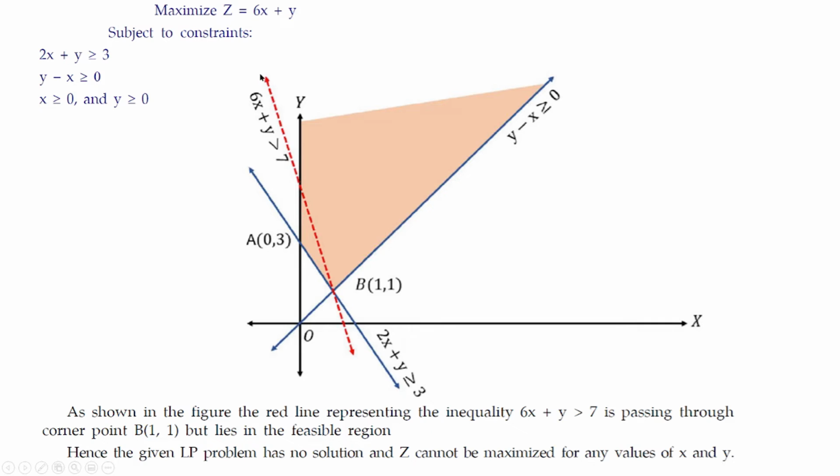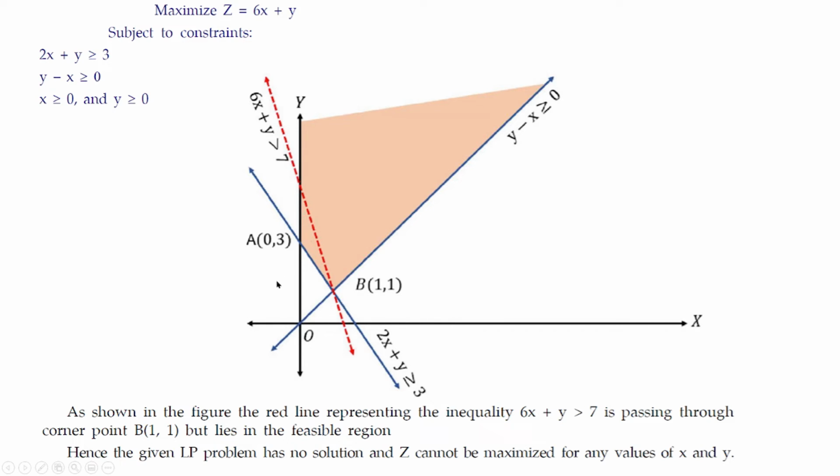On the other hand, if this line interferes with the feasible region, then the given linear programming problem has no solution. So hence the given linear programming problem has no solution and z cannot be maximized for any value of x and y.